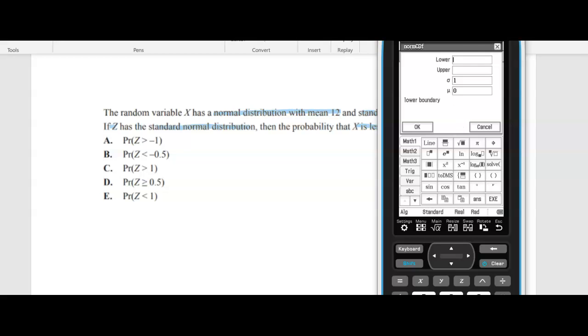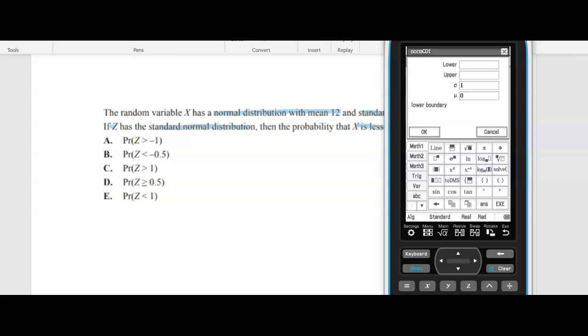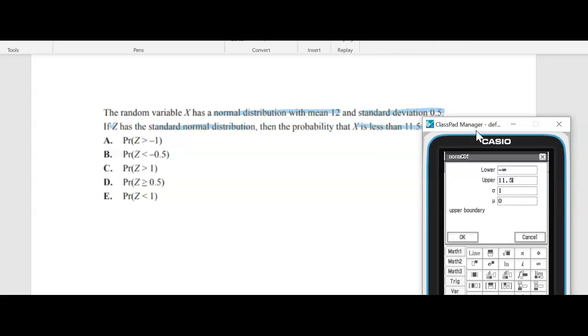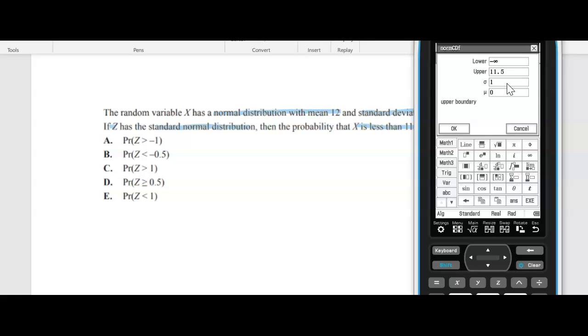Just going over here, we want less than 11.5. So my lower limit is -infinity. My upper limit is 11.5. And because I'm looking at the variable X, my standard deviation is 0.5 and my mean is 12.